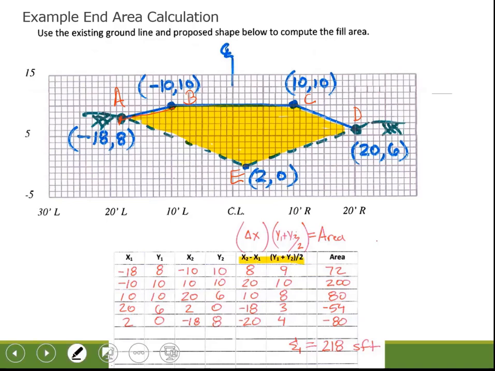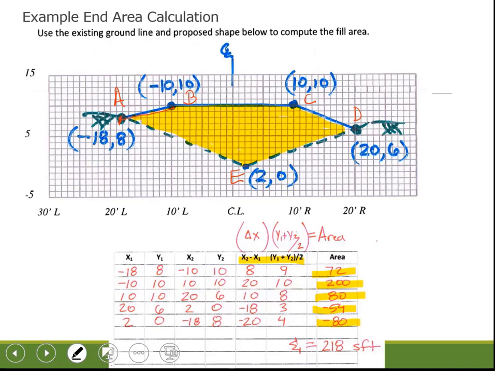So I fill out these columns, and then I do the computation: 8 times 9 is 72, 20 times 10 is 200, 10 times 8 is 80, negative 18 times 3 is negative 54, negative 20 times 4 is negative 80.